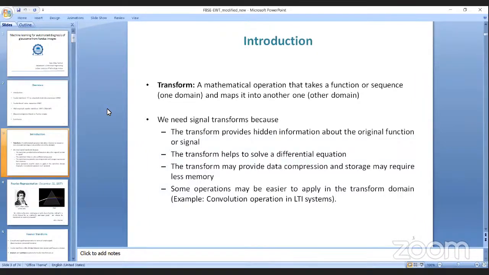So you just multiply the spectrum of these two signals, and then the multiplied spectrum can be converted back to the time domain by using the inverse transform or synthesis process. In that way, you can nicely have the convolution output of the signal through this system. So these are some advantages.